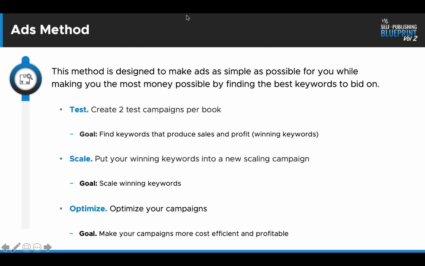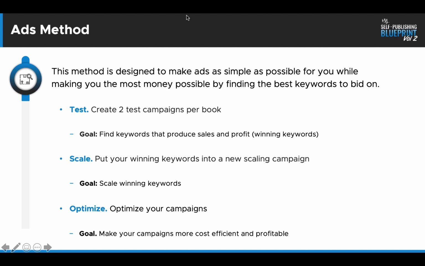Okay, so the keywords that we found, hey, these are good, these are converting to sales. Now we're going to take those, create new campaigns, and that's what we're going to do to scale these winning keywords. And like I said, if this is not fully 100% making sense, don't worry about it. I'm going to walk you through everything step by step multiple times.